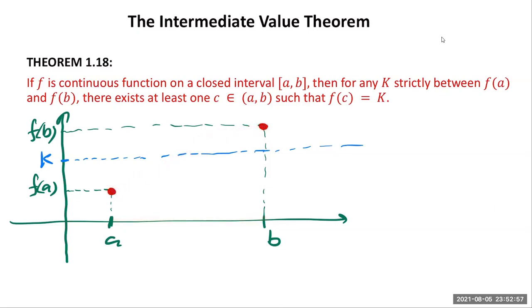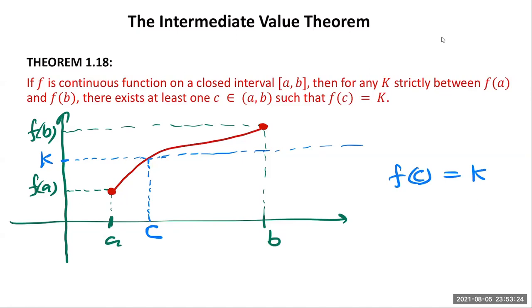So now let's say your graph looks like this. Then as you can see at this point, I'll take this point to be C, okay? At x is equal to C, what is my y value? At x is equal to C, my function value is k, okay? So f of C is equal to k.